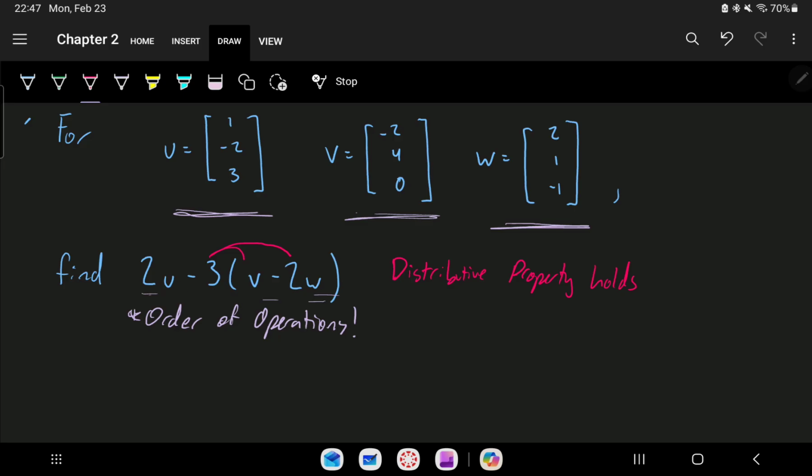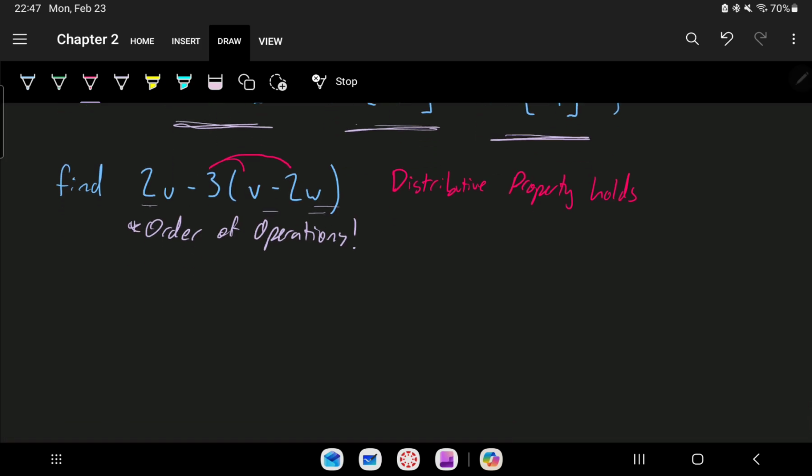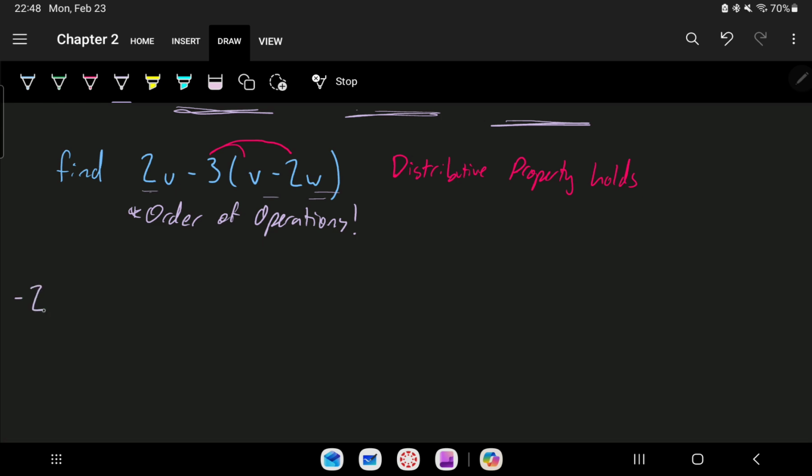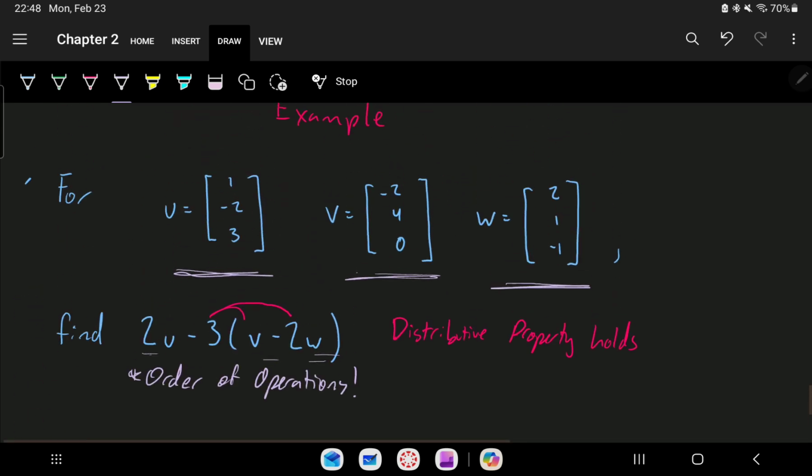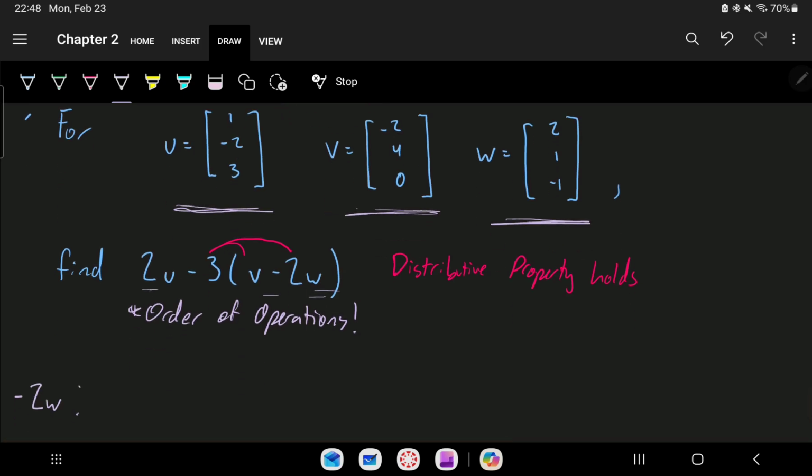That is fine. I think what I'm going to do here is just take this as it is and start with what is inside the parentheses. I do tend to like tackling this by writing out the scalar multiples first, and I will include any subtraction as just a negative to that. So if I'm going to start out with a negative 2w, well, we have w being 2, 1, negative 1. So negative 2w is going to be negative 2 times 2, which is negative 4, and we have negative 2 and positive 2.